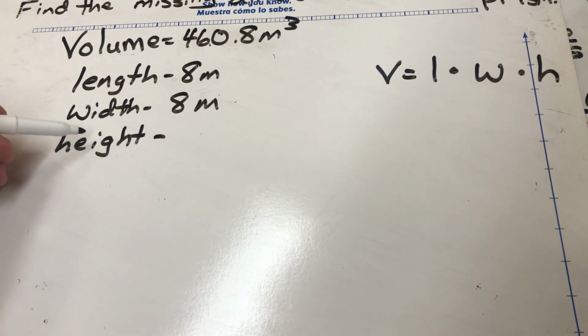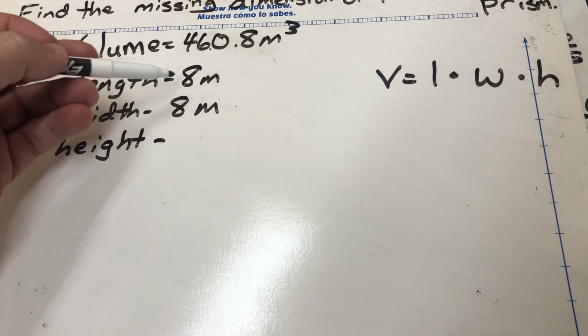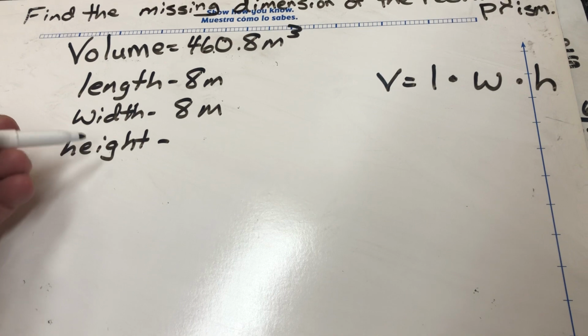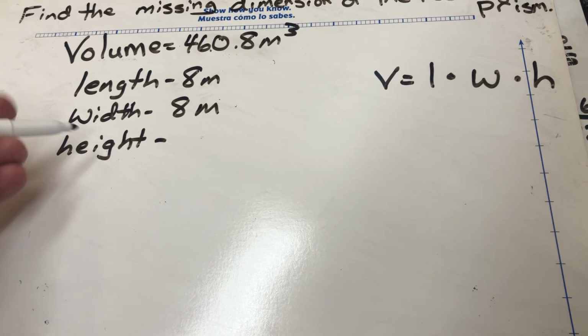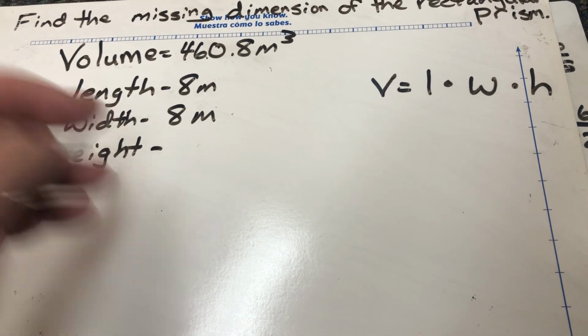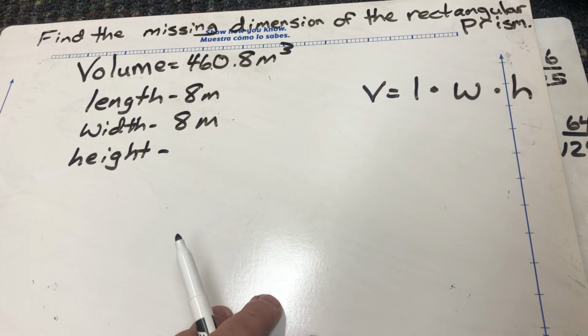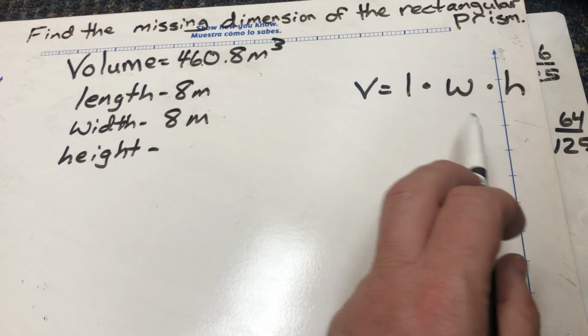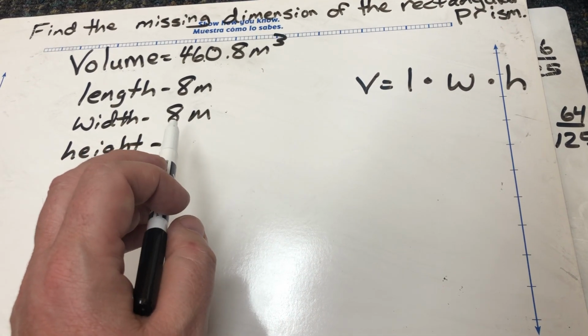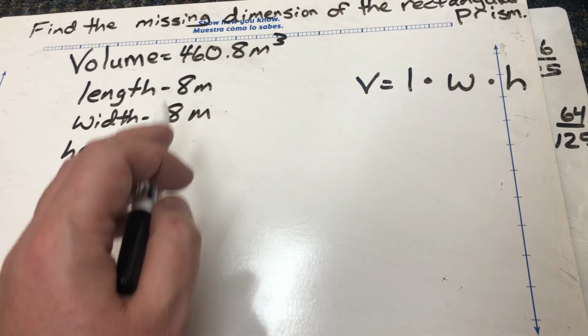They're going to give you 2 of these, like we said. They're like this one, they give you the length and the width. Sometimes they might give you the width and the height. Sometimes they might give you the length and the height. It doesn't matter. Whatever 2 they give you, you're going to multiply those together. Okay, just like you're following this, length times width times height. So length times width is going to be 64.